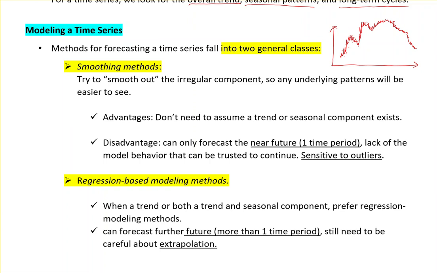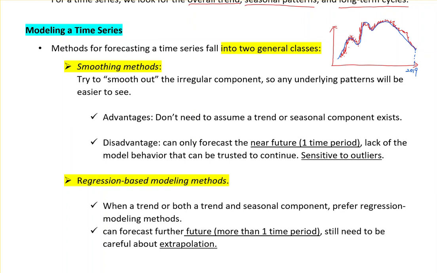So what we do is, with the smoothing method, after smoothing the time series, you may find some smoothed line, which removes these random fluctuations.